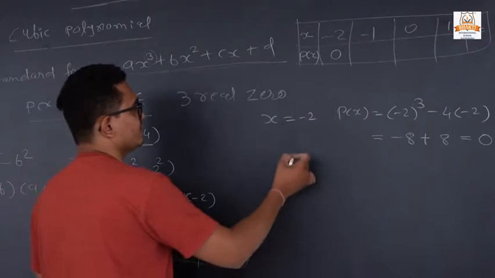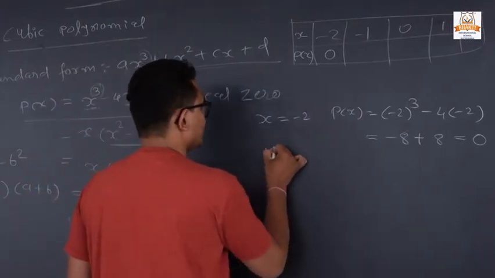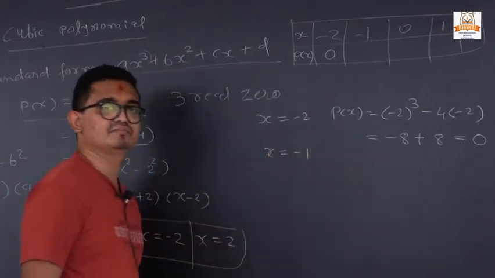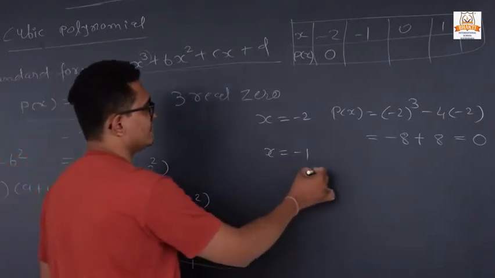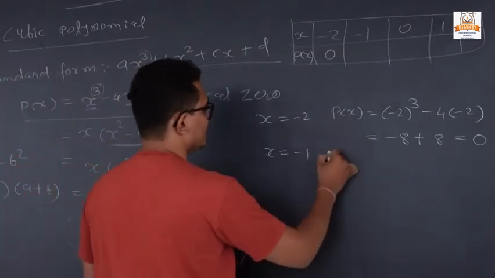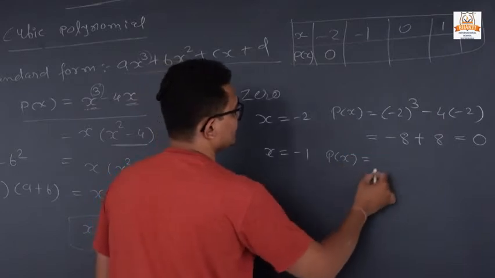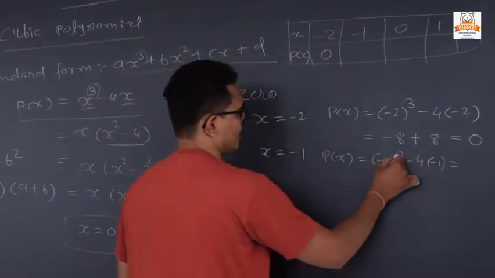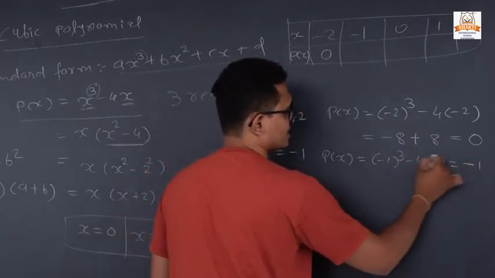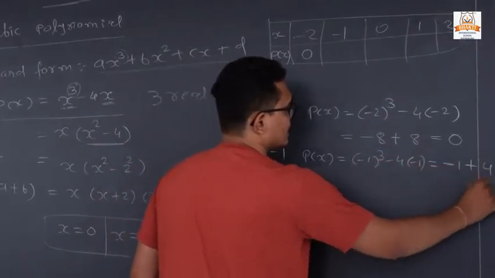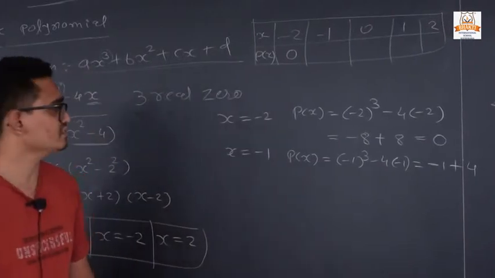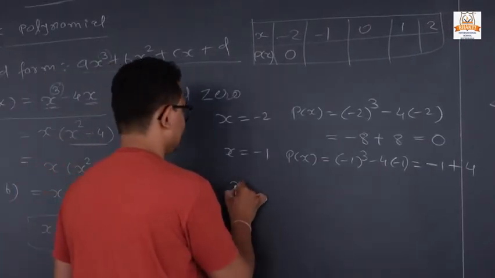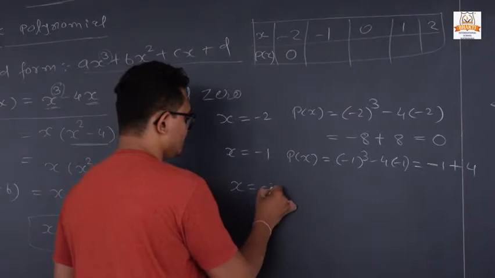Now we put x is equal to minus 1. So p of x is equal to minus 1 cubed minus 4 times minus 1. Minus 1 cubed is minus 1, minus minus is plus, so 4 ones are 4. Next, x is equal to 0.